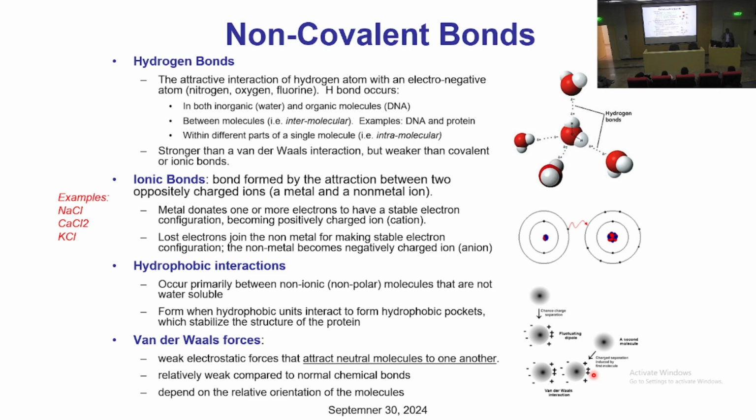The van der Waals forces, as we said, happen basically between two neutral molecules. They have the same amount of negative and positive charge, but they arrange this negative and positive charge in a way that the positive charge in one molecule is facing the negative charge in the other molecule, and then this attraction between the two molecules creates what we call van der Waals forces. Okay?